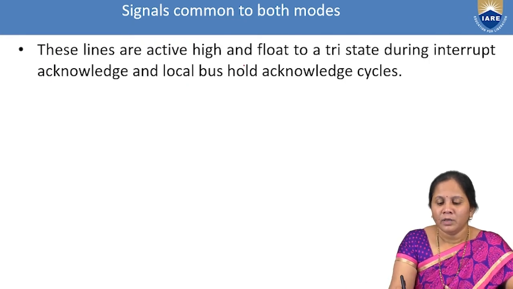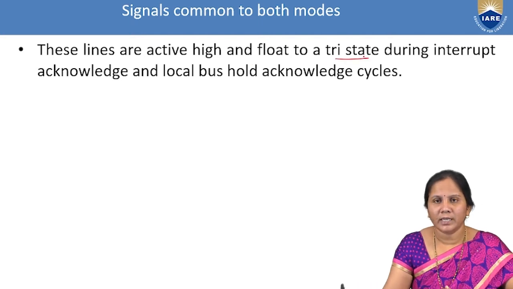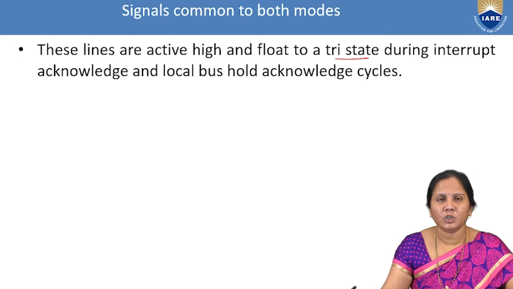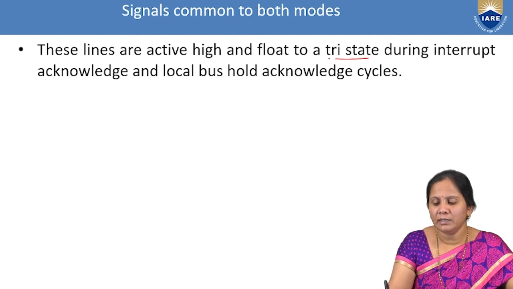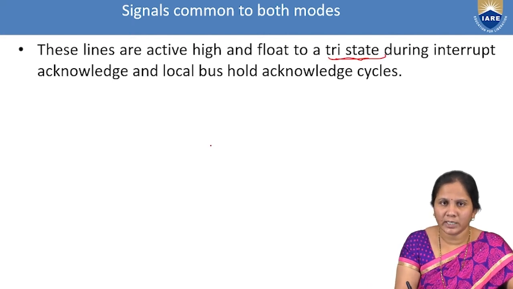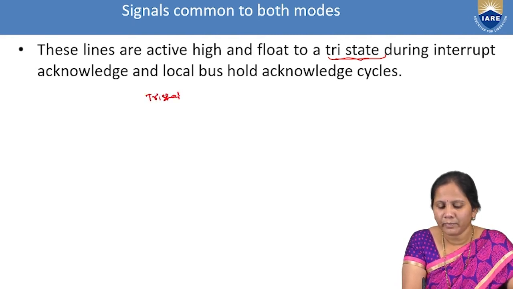Now, these lines are active high and float to the TriState during interrupt acknowledgement and local bus hold acknowledgement cycle. Entering into the TriState means we have to discuss the TriState buffer.